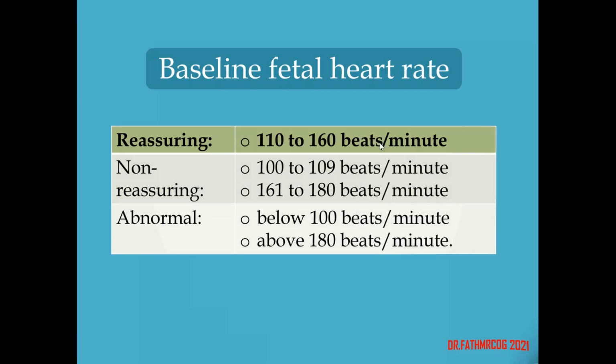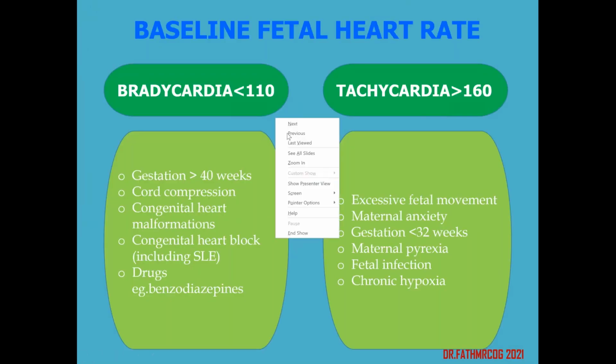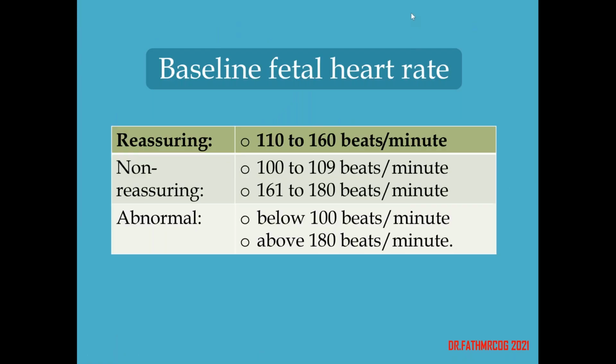Sir, I have a question. In your previous slide, you have written breach as one of the risk factors. Does that mean breach per se is a risk, or breach associated with other factors is considered high risk? If a mother presents with a breach, does she require continuous electronic monitoring?